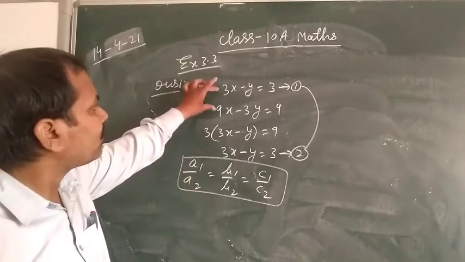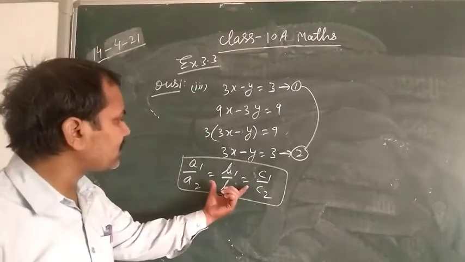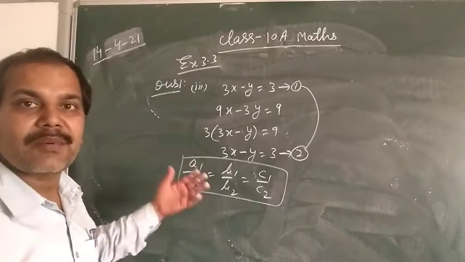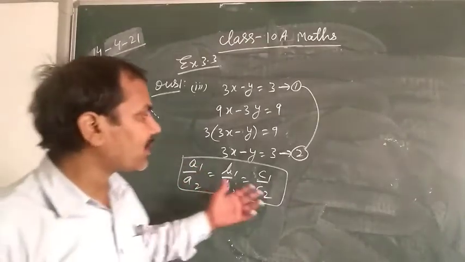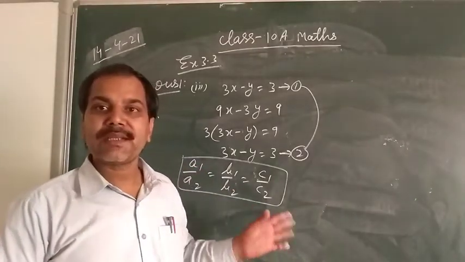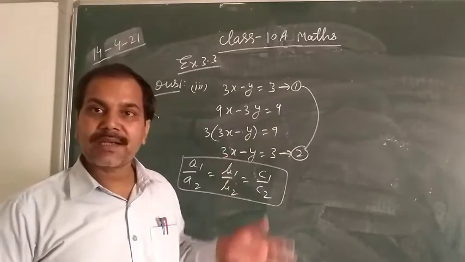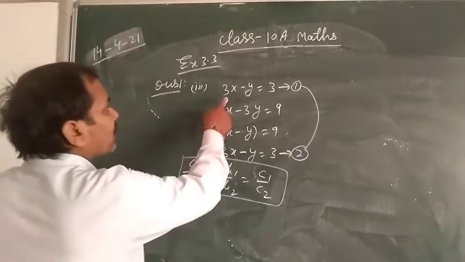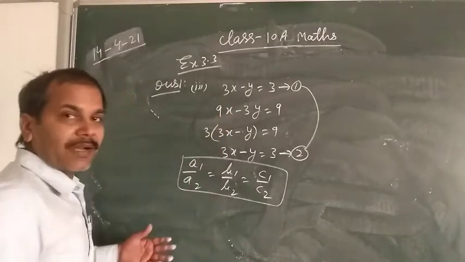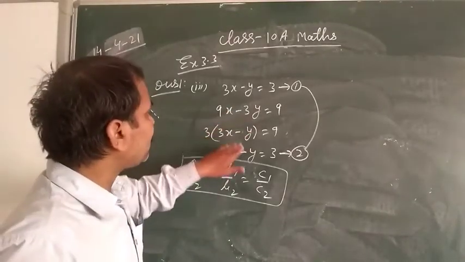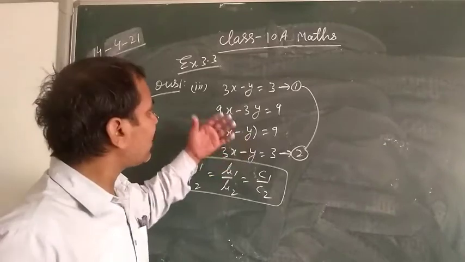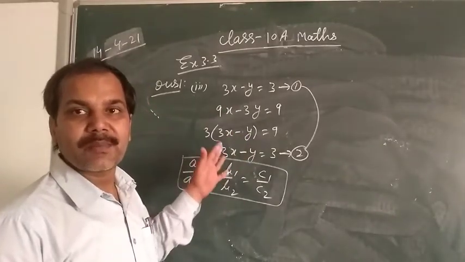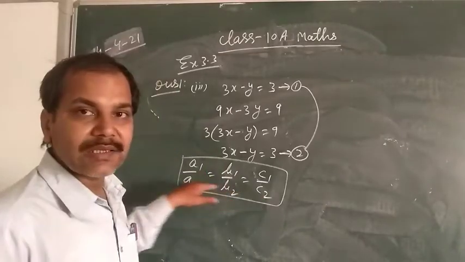If two equations satisfy this condition, then these equations have an infinite number of solutions, meaning x and y will have infinite values. Clear? So also you can check. Maybe it comes to your mind: if not solving this, then how will we understand that they have an infinite number of solutions? So for that also there is a condition.